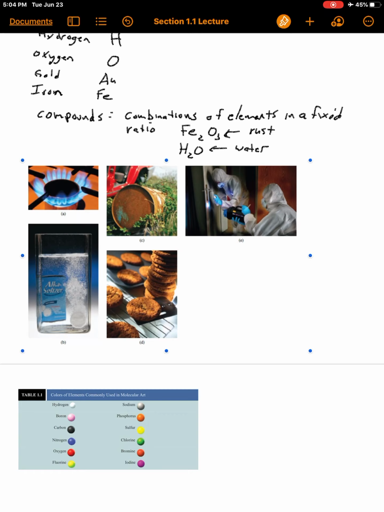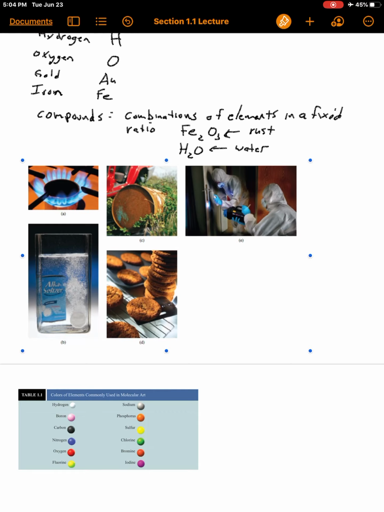Alka-Seltzer, right? Down at the bottom, Alka-Seltzer is a reaction. So often chemical reactions are quite visible. We see them happening. The rusting is a very slow process. It would take months to notice this happening. And then down at the bottom, the baking of cookies, that is certainly a combination of chemical reactions that are taking place.